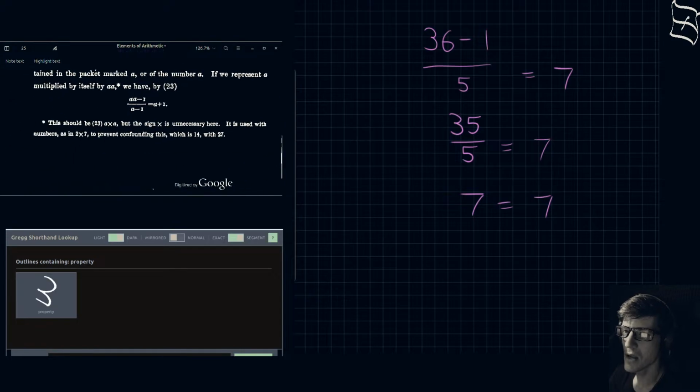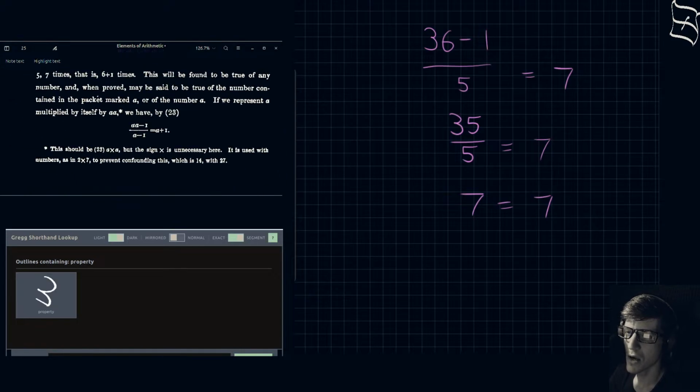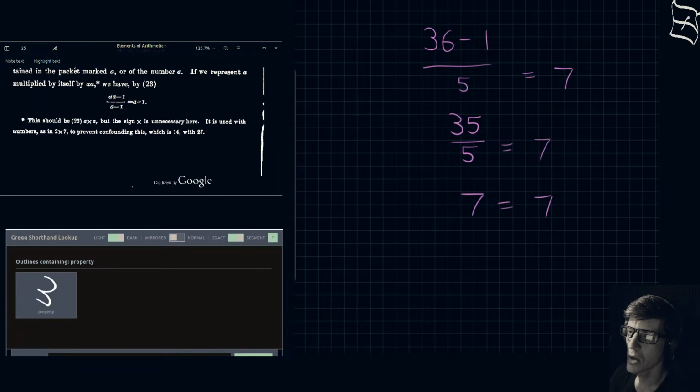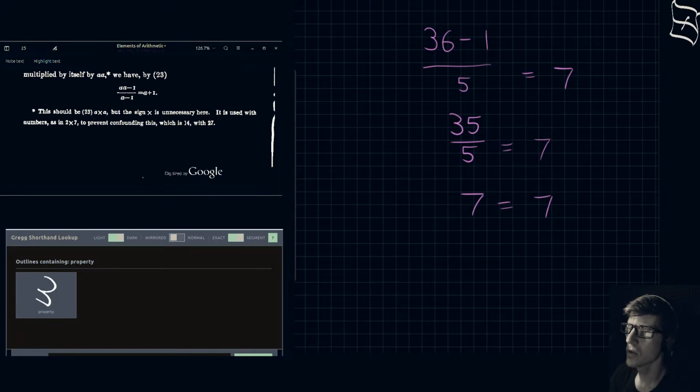This should be a times a, but the sign is unnecessary. It is used with numbers. He has a little note here where he says that the only time that you need the multiplication sign is when you're dealing with explicit numbers.